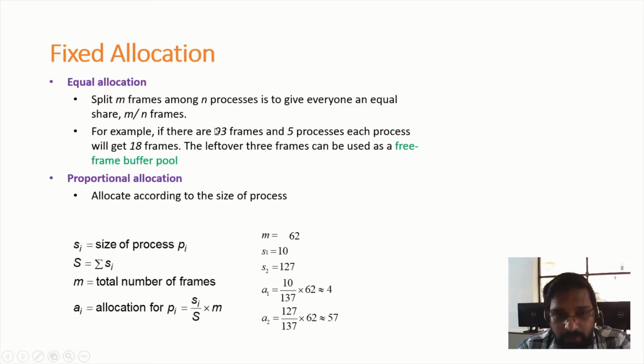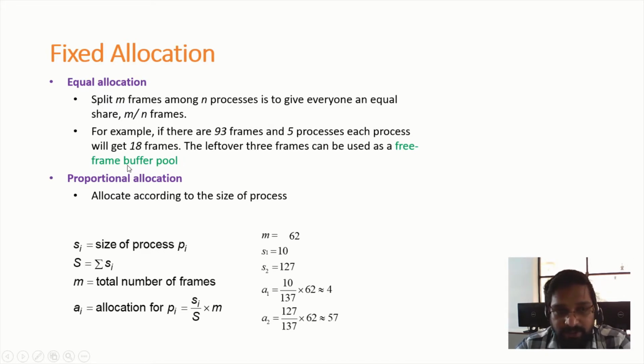So these 18 frames are distributed equally among these 5 processes. After distributing 18 frames to each of the 5 processes, 3 frames will be left over, and we call these leftover frames the free frame buffer pool.